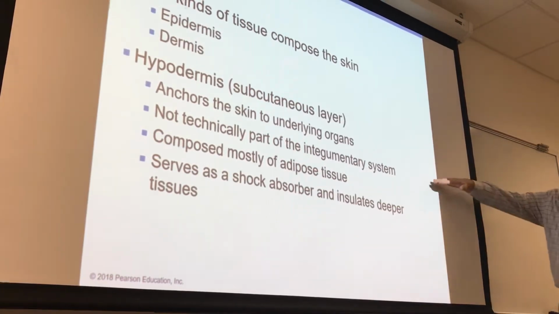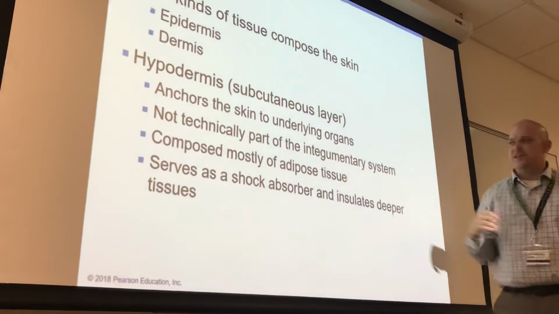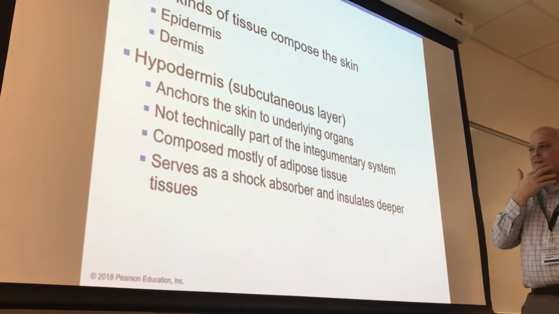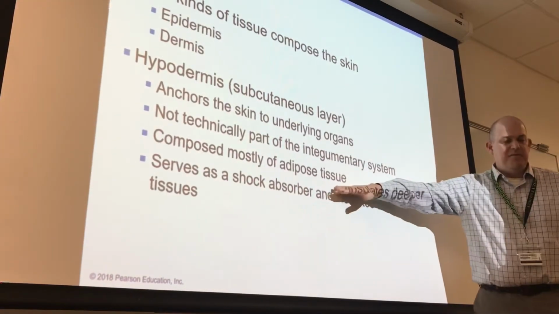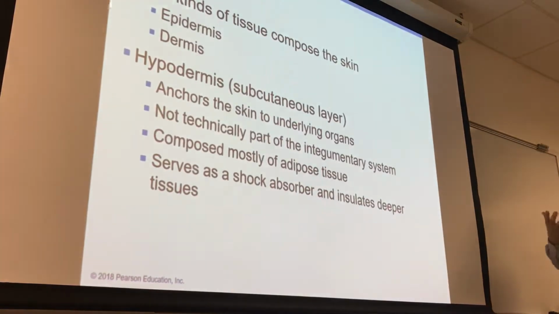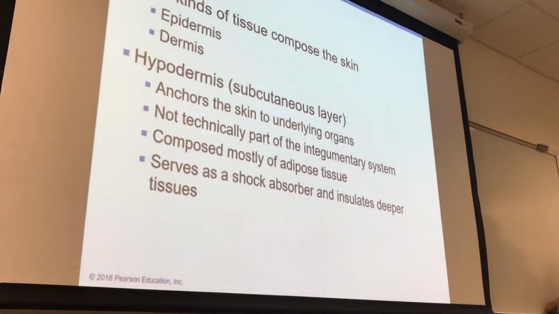Again, your book doesn't technically consider it a part of the integumentary system, although I think that's unfair. It's basically made up of fat, and within that fat are big blood vessels, which ultimately supply the blood to the epidermis and dermis one way or the other.